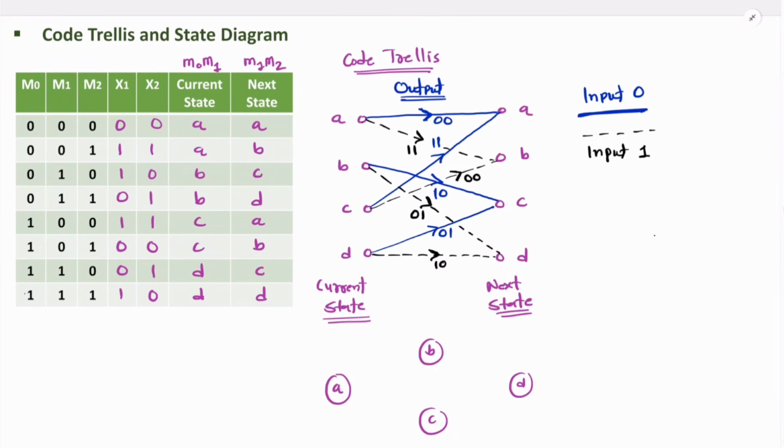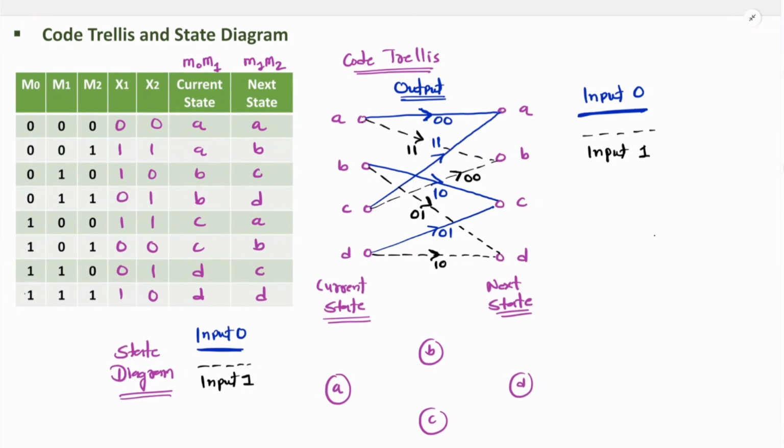Now, here in state diagram, first of all, you need to understand lines. Like you see, here I'll be plotting a solid line if input is 0. And I'll plot a dashed line if input is logic 1.